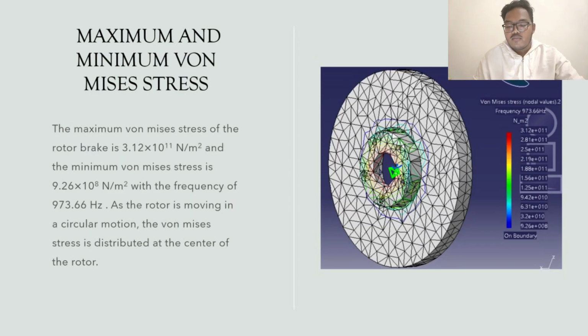The maximum von Mises stress of the rotor brake is 3.12 multiplied by 10 to the power of 11 Newton per meter squared, and the minimum von Mises stress is 9.26 multiplied by 10 to the power of 8 Newton per meter squared with the frequency of 973.66 Hz. As the rotor is moving in a circular motion, the von Mises stress is distributed at the center of the rotor.